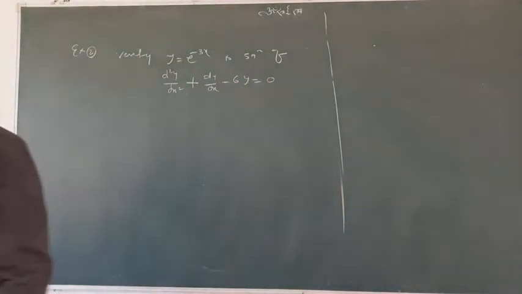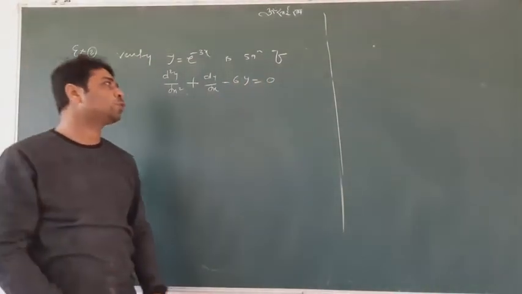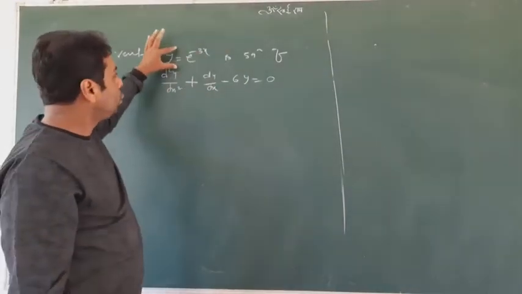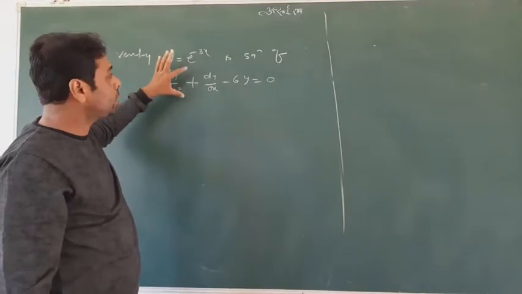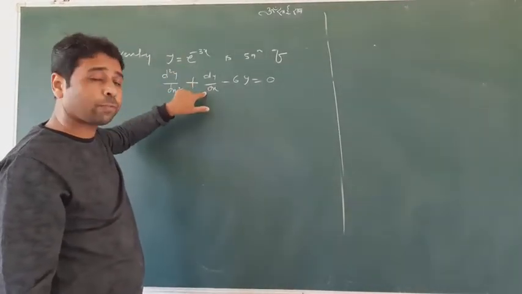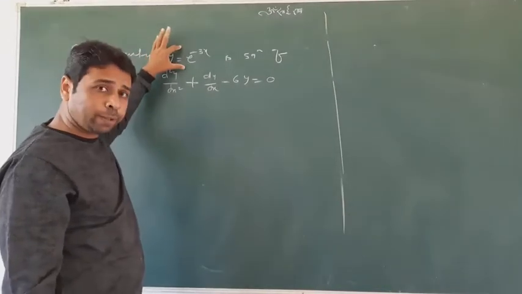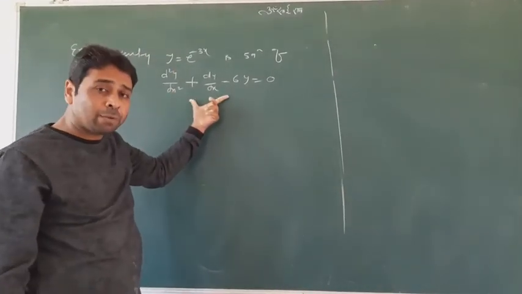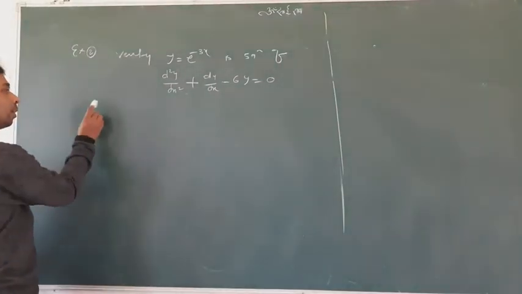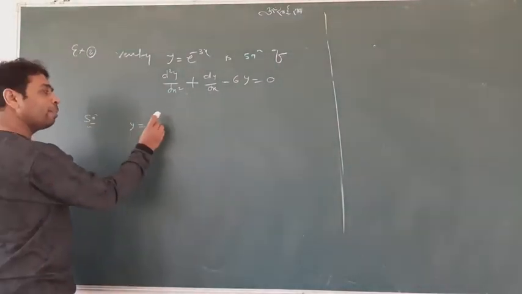I tell you one thing, student, we have two ways to do this question. First, you have an equation and it is a differential equation. We have to verify that this is a solution of this differential equation. So we will take this one and try to get the whole thing at the same time.